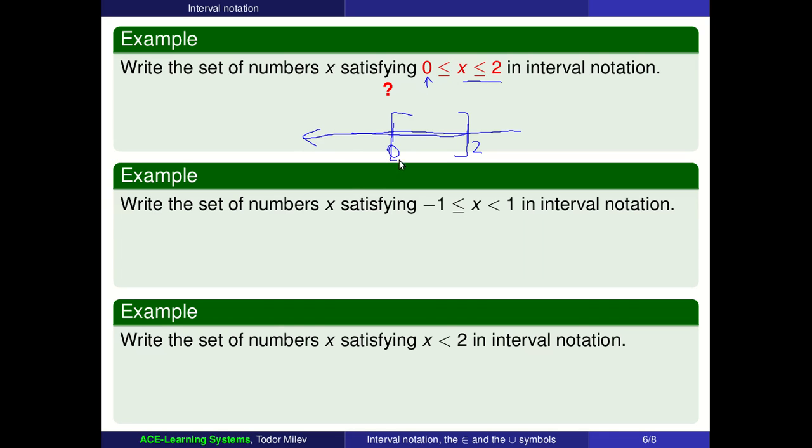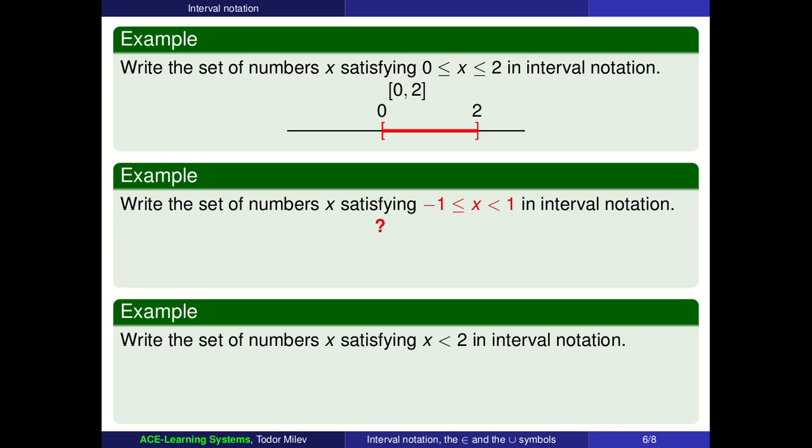So we also need to take a look at these numbers, and the intersection of the two intervals is this interval here, the closed interval from 0 to 2. So we see that our answer should be the closed interval from 0 to 2.